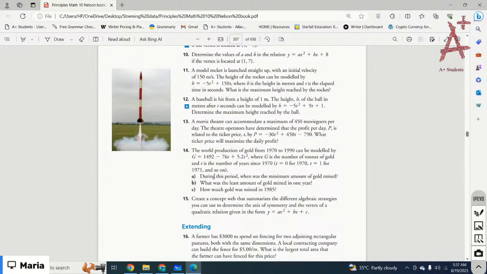Like T equals 0 for 1970 and T equals 1 for 1971. During the period, when was the minimum amount of gold mined, what was the least amount of gold mined in 1 year, and how much gold was mined in 1985?